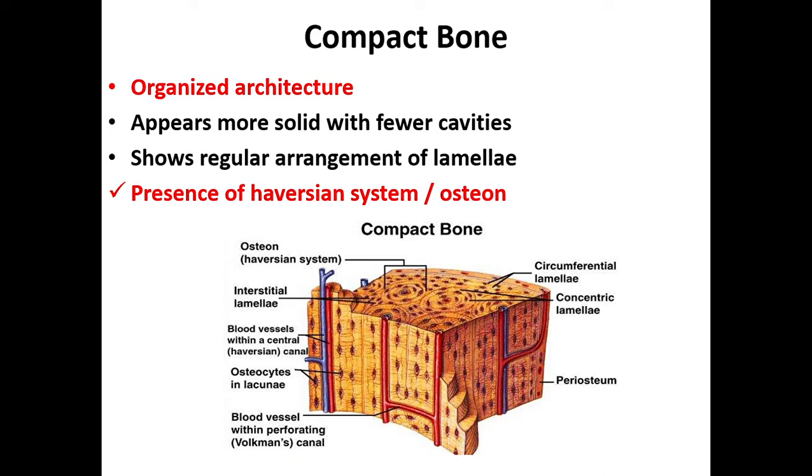This forms what we call the Haversian system or the osteon. So take note: in compact bone, there is a presence of the Haversian system, or an osteon.